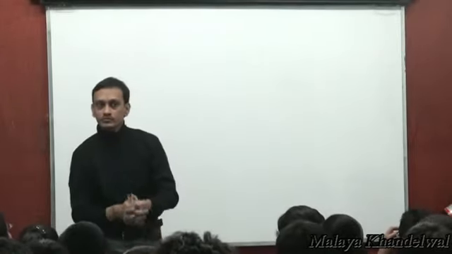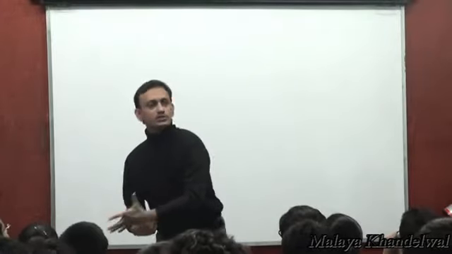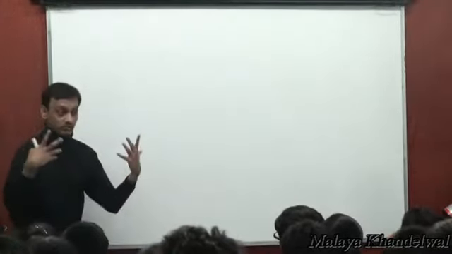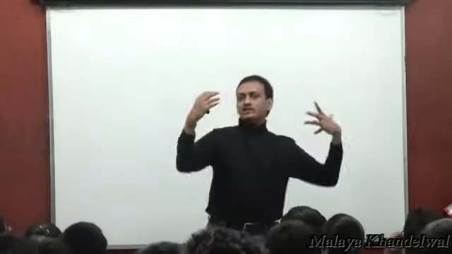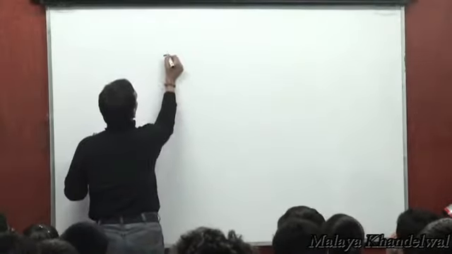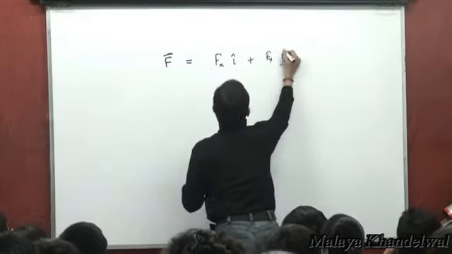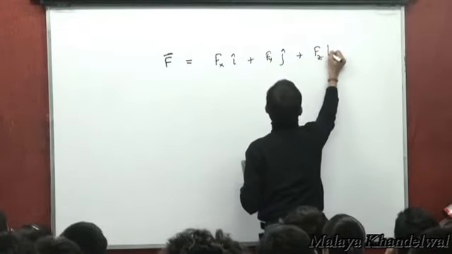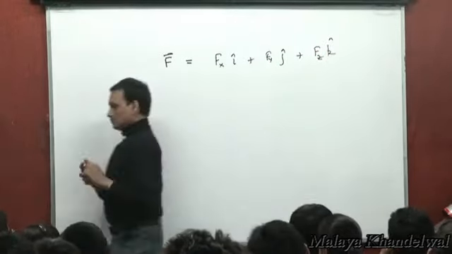Corollary to this was when I said, all right, the entire force F was not zero, but the component of the force in a certain direction was zero. For example, Fx was zero. There was a force F acting on a collection of particles, F, net of all external forces, as Fx i cap plus Fy j cap plus Fz k cap. And I said, well, capital F is not 0, but let's say Fx was 0.